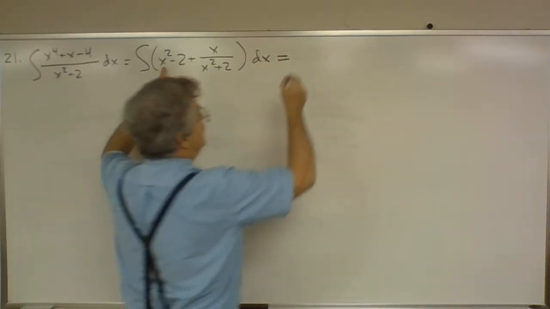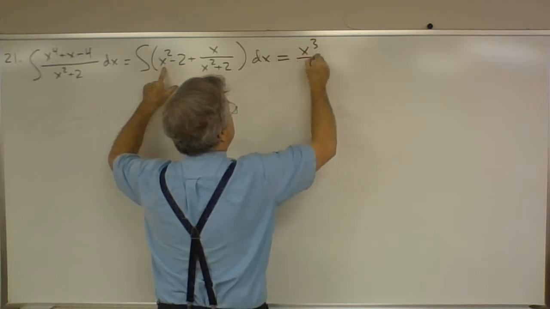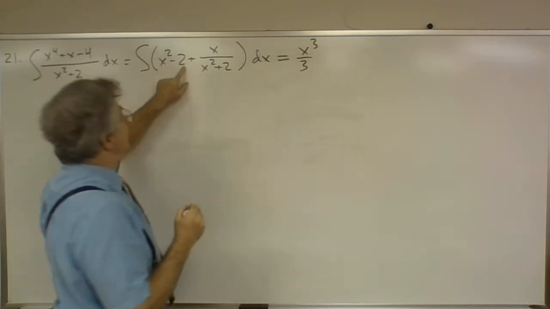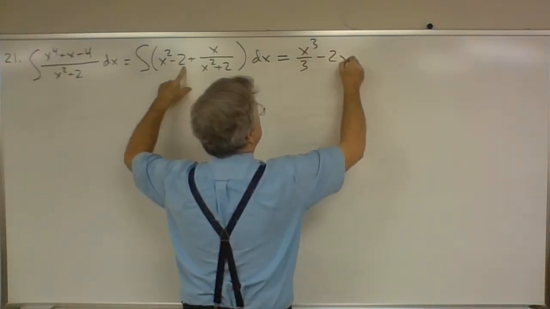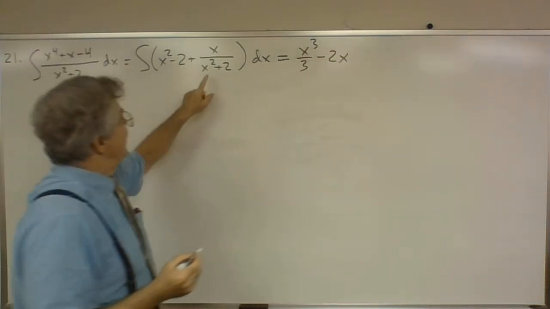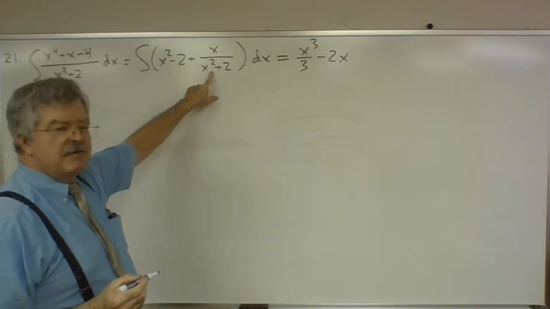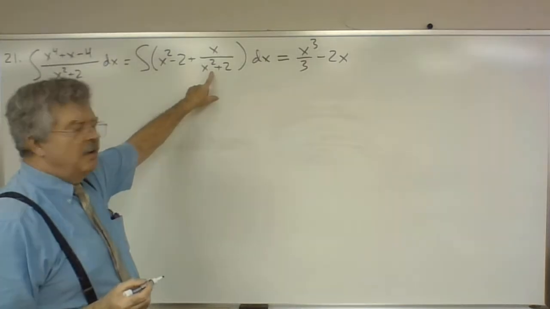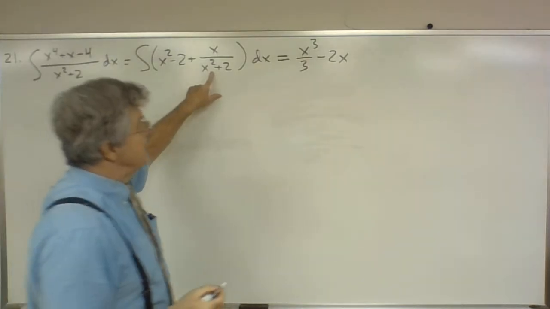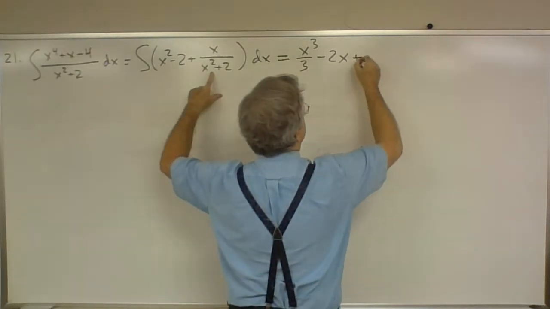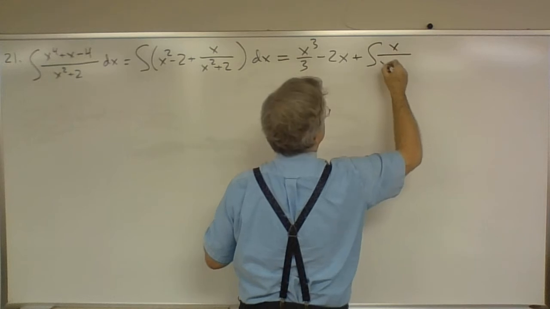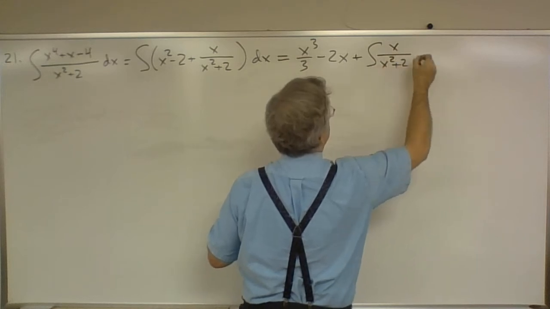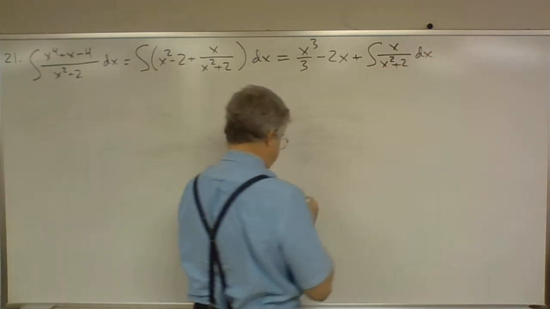Antiderivative of x squared is x cubed over 3. Antiderivative of negative 2 is negative 2x. And antiderivative of x over x squared plus 2, holy moly, I'm going to have to give that special consideration. So I'll just write the antiderivative of x over x squared plus 2 dx.